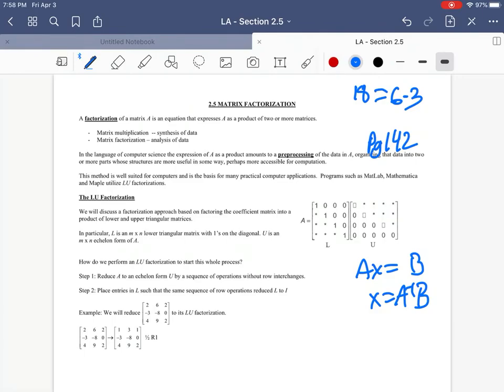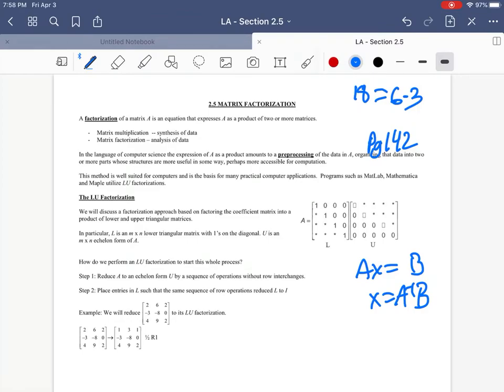And so when you find the inverse of a matrix, it involves a lot of steps and a lot of heavy calculations. And so it doesn't seem like it, but apparently it's easier when you're, say, programming a computer to do these things. It's easier to do this factorization way of solving for x instead of finding the inverse and then multiplying it by b. And I know it won't seem like it's less work, but apparently it is.